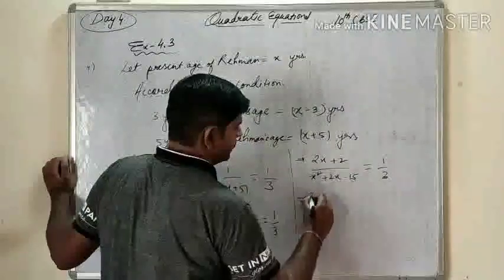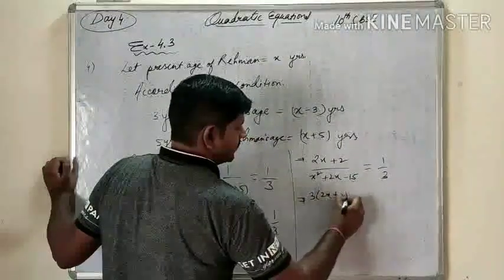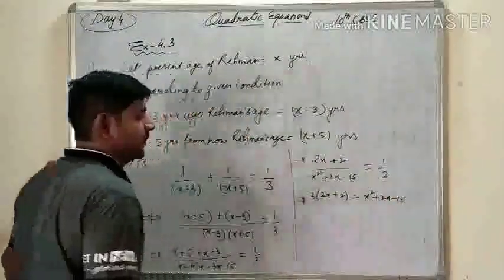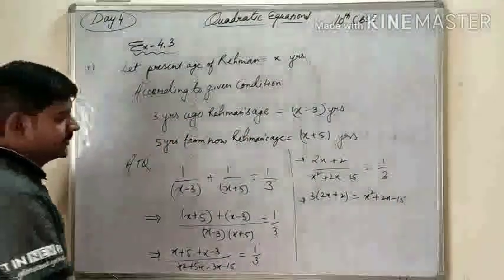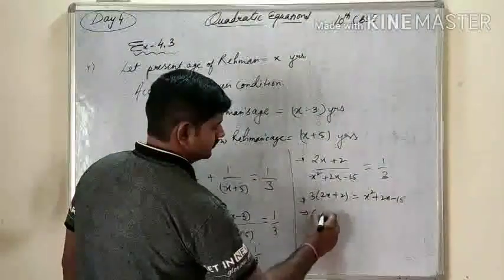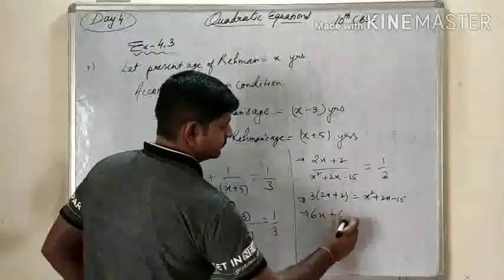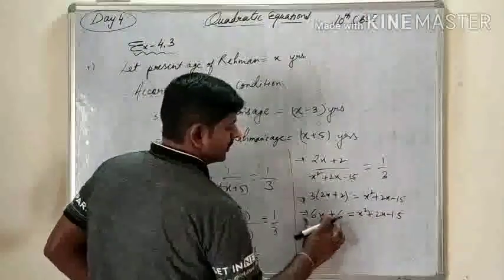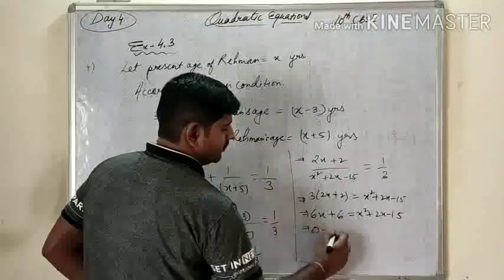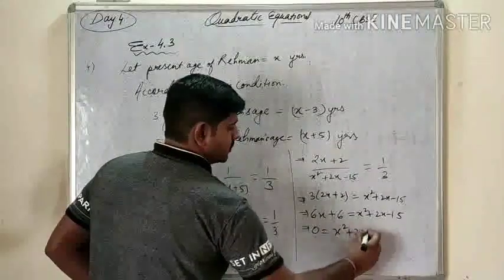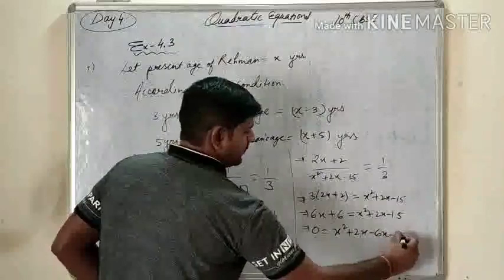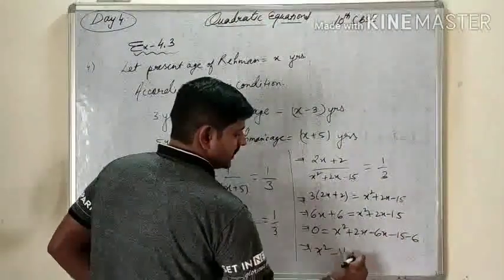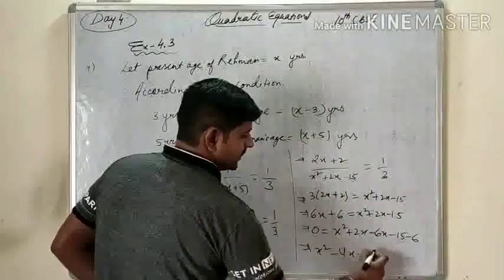So 3 multiplied by 2x plus 2 gives 6x plus 6, and this is x square plus 2x minus 15. Both terms we shift to the other side, so 0 equals x square plus 2x minus 6x minus 15 minus 6. The difference is minus 4x, and 15 plus 6 is minus 21.